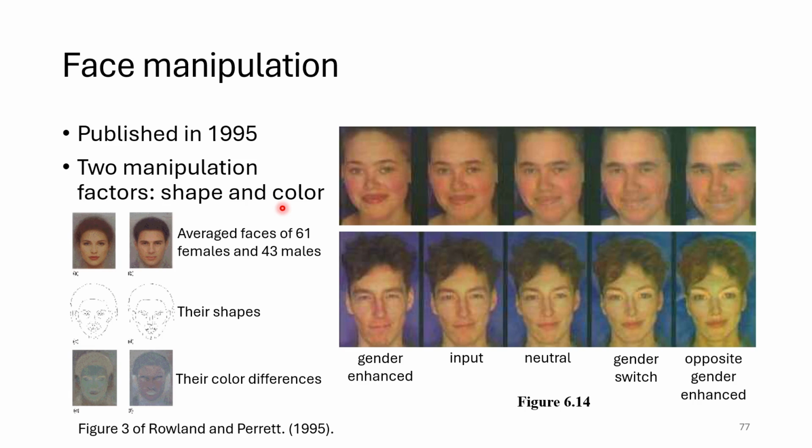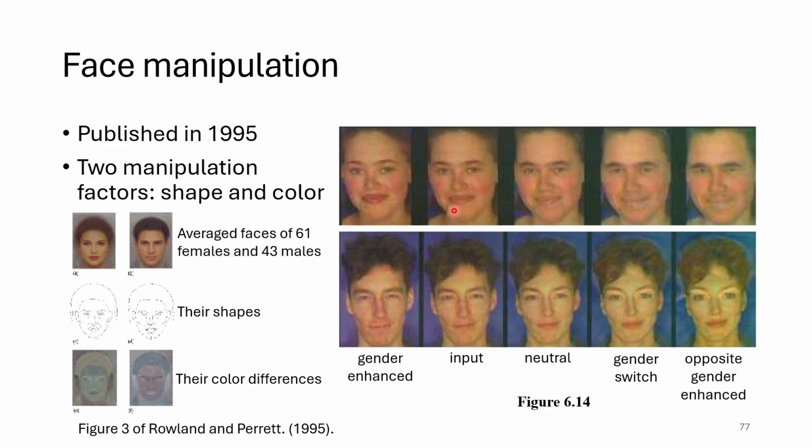So how do they do it? First, they collect 61 female faces and 43 male faces, and align them to generate the average face image, this one and this one. So they can extract their edges as their shape and compare their colors to get the color differences.